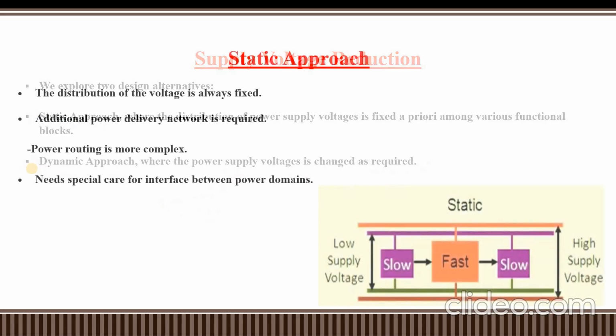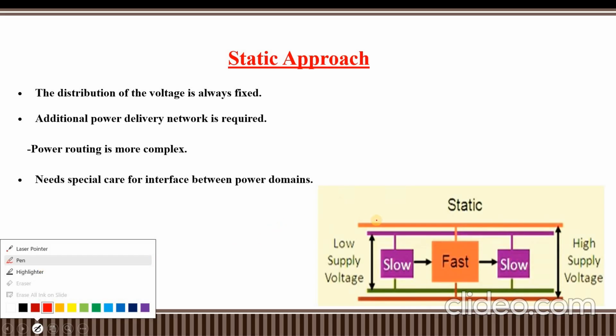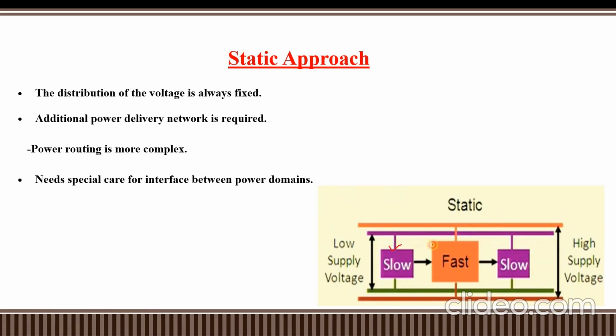Let's see one by one. First one is the static approach. See this diagram. Here there are three functional blocks. I want this central block to be fast, but for the remaining two blocks I don't mind. If they are running slower, I don't mind. So I can use a pair of supply voltage rails: one for low supply voltage and another for high supply voltage.